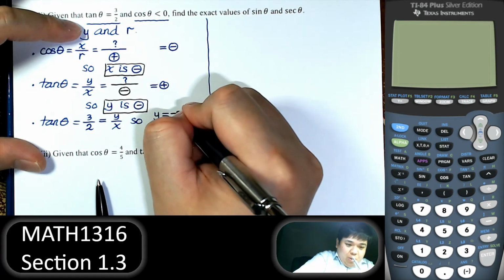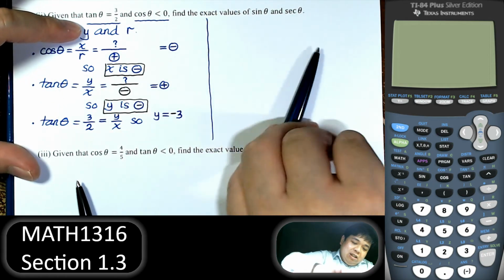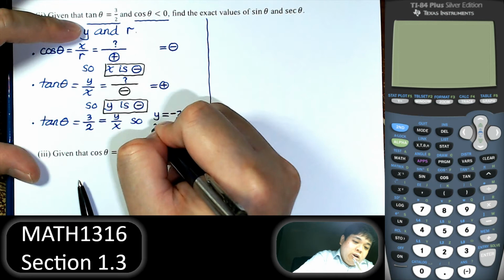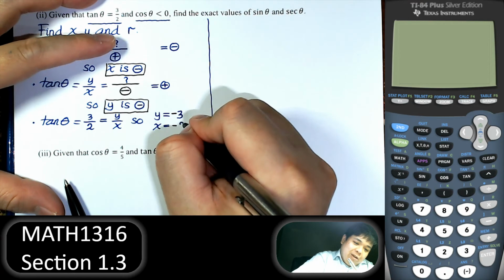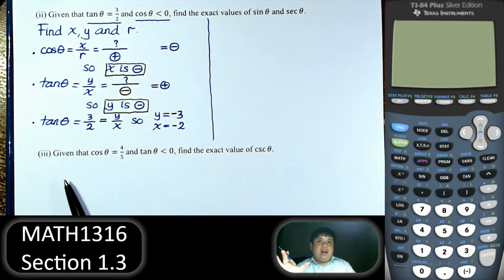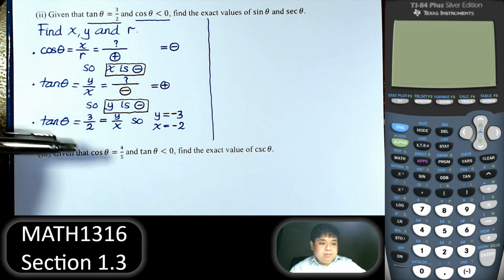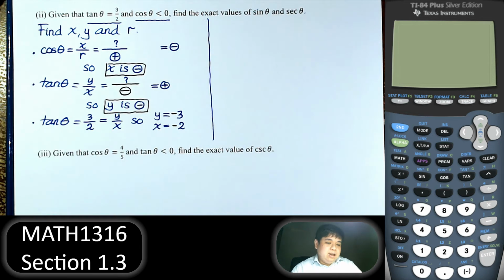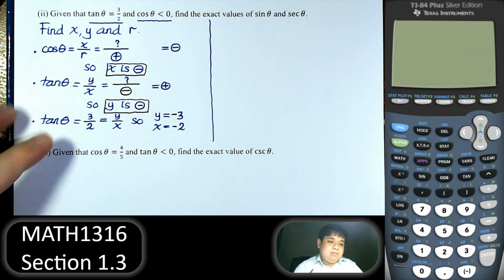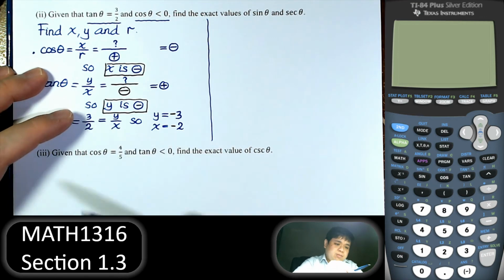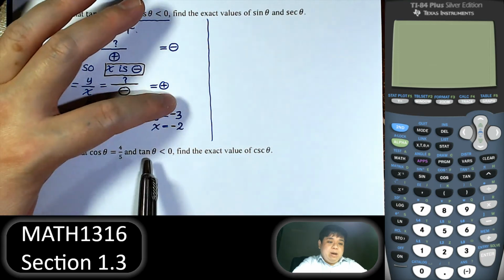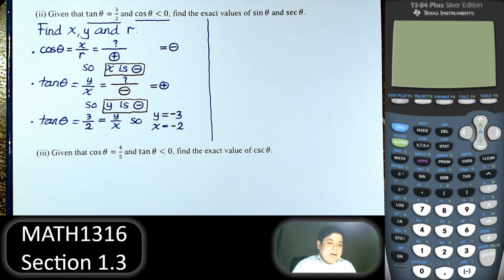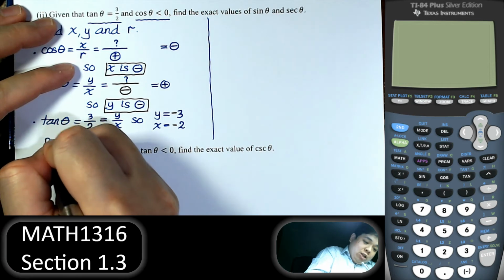I might write a few more steps than I need to, but these are things to consider. First, when we look at the problem, we determine the signs of x, y, and r. Once we know the signs, we can go to the values. So -3/-2: typically if they are positive, we just choose the values, but here it's negative. We have x and y, and then r will be the square root of x squared plus y squared.